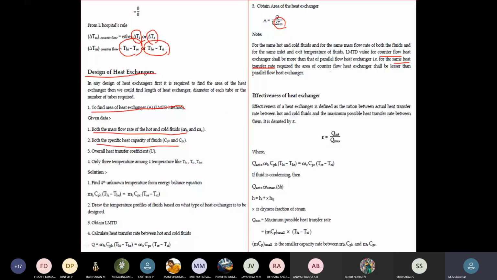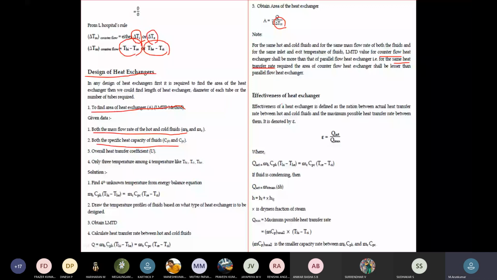Okay, so the effectiveness of a heat exchanger is defined as the ratio between the actual heat transfer rate between the hot and cold fluids and the maximum possible heat transfer rate between them. How effectively the heat transfer is happening in the heat exchanger is denoted as effectiveness, eta.